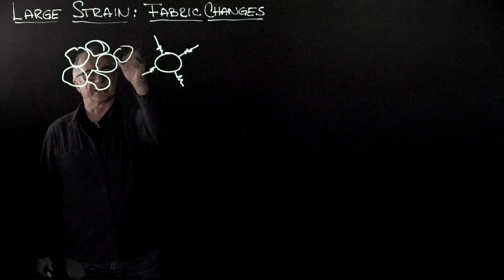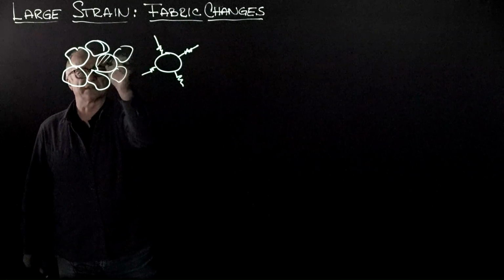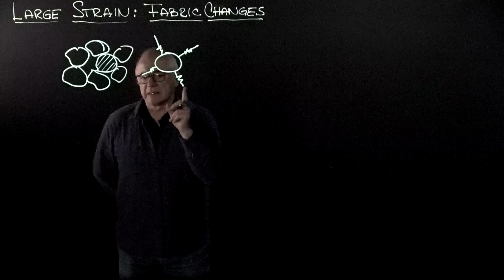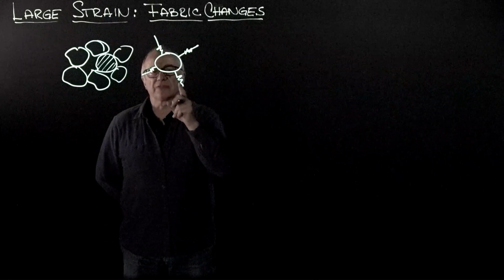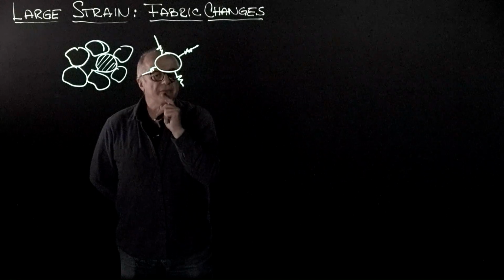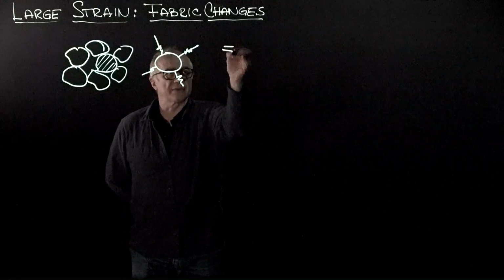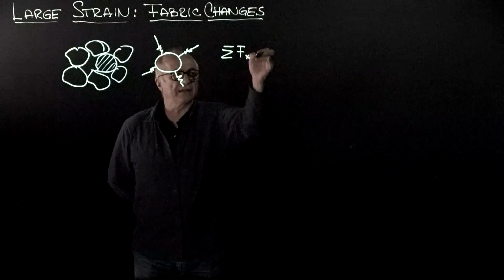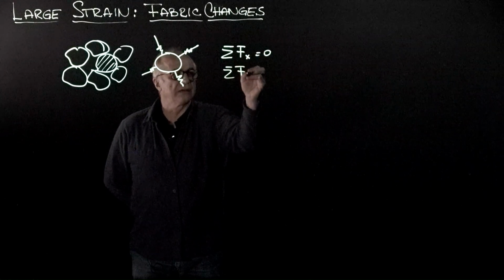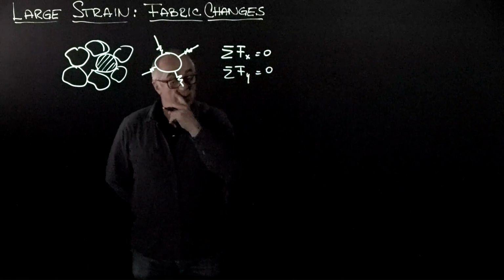So this will be the case if there are other particles around this particle. Now, that particle is in equilibrium. That means that all the forces acting on the particle add up to 0, and that means that the summation of forces in x is equal to 0, and the summation of forces in y is equal to 0.